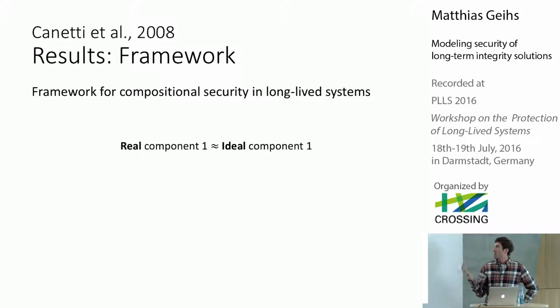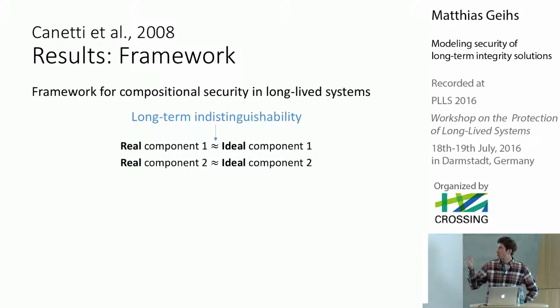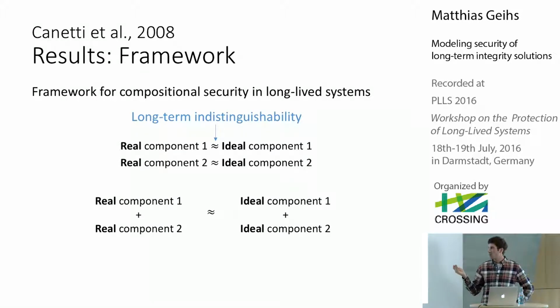And this, by definition, is security, of course, if you always get the perfect result. And what they do in this paper is they have a notion of long-term indistinguishability, meaning that the adversary or the environment that uses these components is running for a very long time, but is polynomially bounded per unit of real time. And on top of that, if you have multiple components for which you can prove this indistinguishability notion, then you can also compose, according to some theorems given, these components and still maintain the indistinguishability relation.